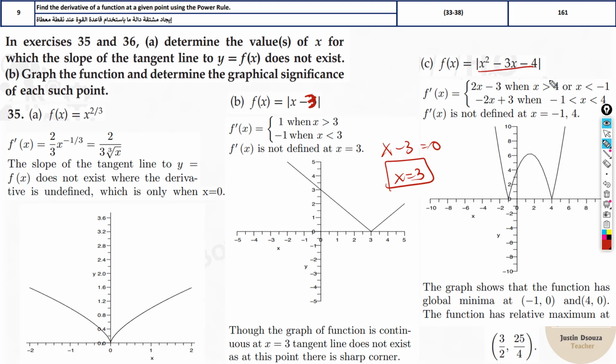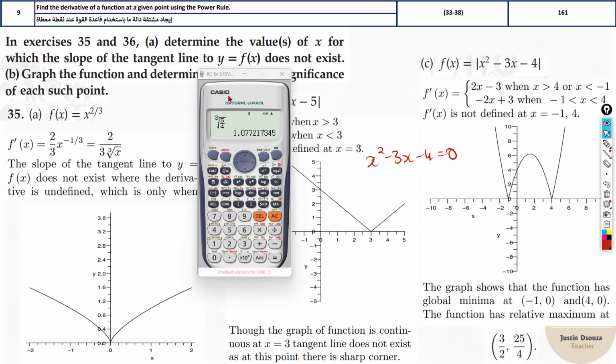Same thing over here, but it's a big term. x square minus 3x, the given question, right? Let me write it right. x square minus 3x minus 4 is equal to 0. All you need to do is this. And now you can use your calculator and solve it. Let's take our calculators.